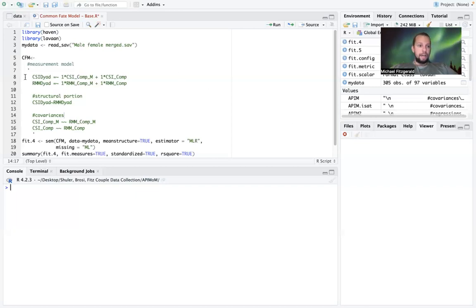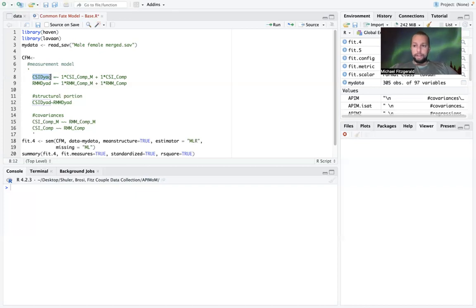And the way we do that is we essentially create a kind of dyadic mean. So we're going to have the CSI dyad. For those of you who are multi-level modelers, this is going to be at level 2. It's relationship quality that is variation shared between partners.